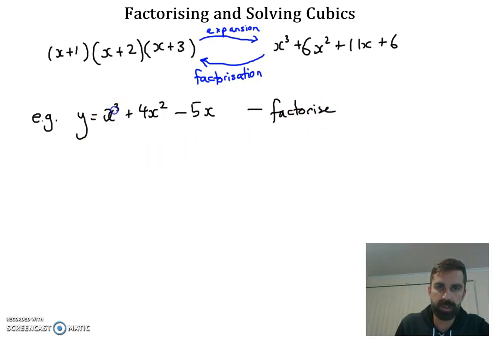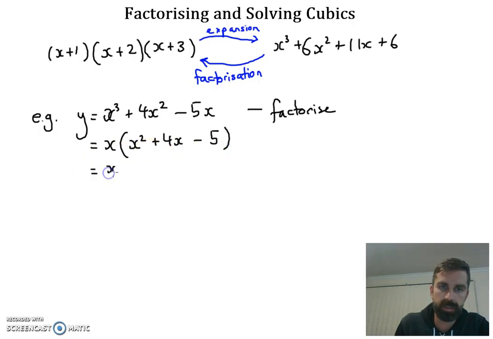So it is a cubic because it's got an x cubed, but what you'll notice is that every term in this equation has an x in it. What that means is that there's no constant. So this makes our life fairly simple because straight away we can take out x as a common factor and then divide the whole equation through by x, and that's what gets left in the brackets.